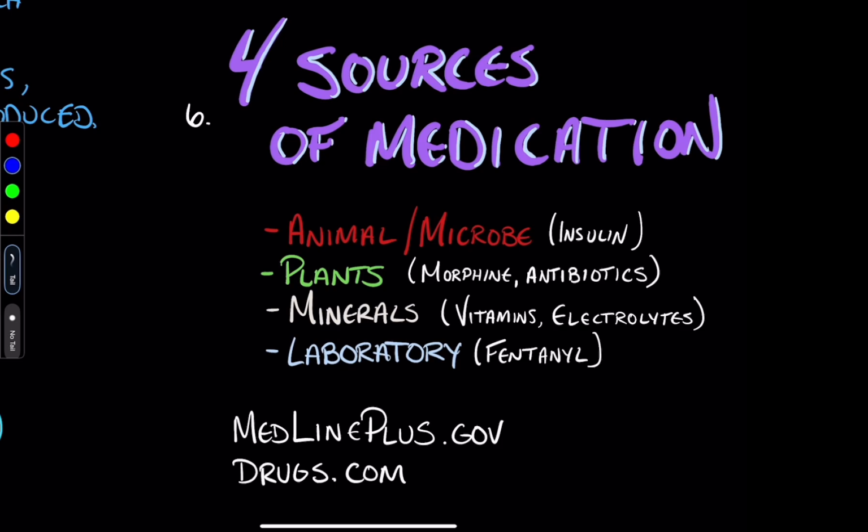You can get a lot of information from these websites. Medline Plus is a U.S. government funded database of medications. And drugs.com is public, but it's used by a lot of research institutions, Harvard, Mayo Clinic, and all of them use drugs.com. So both of these would be reliable online sources you could use to look up information.